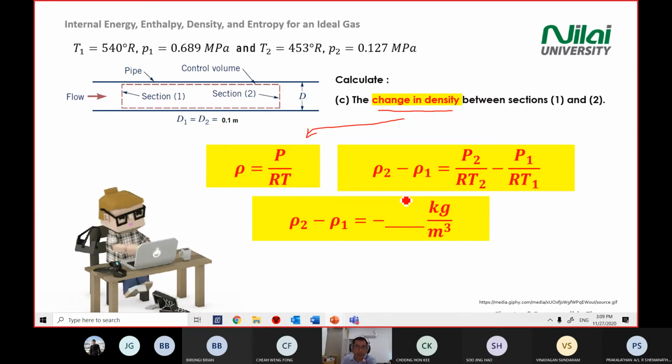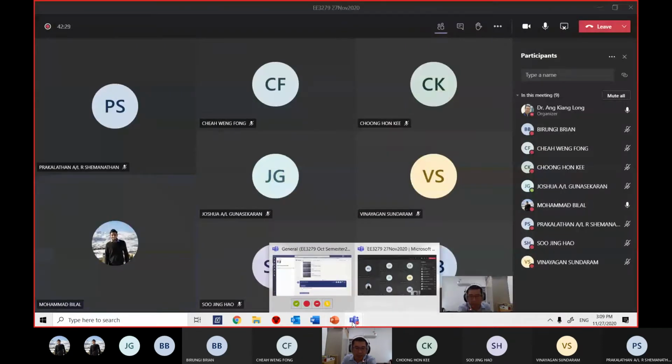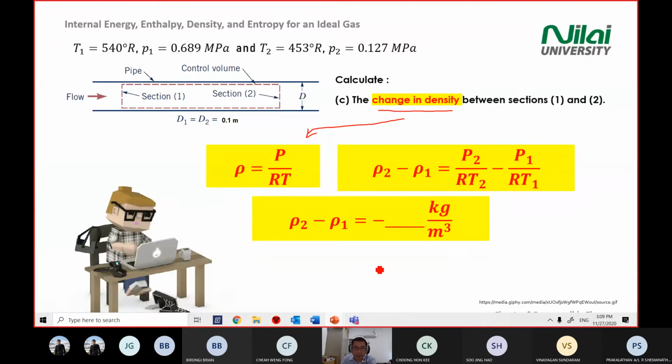Okay, should be no problem for section C. This is the application of the equation of state. Let me ask one very simple question. You mean the density of which part and which part? This one, section 1 and section 2. So we're going to find the change of density between section 2 and section 1.